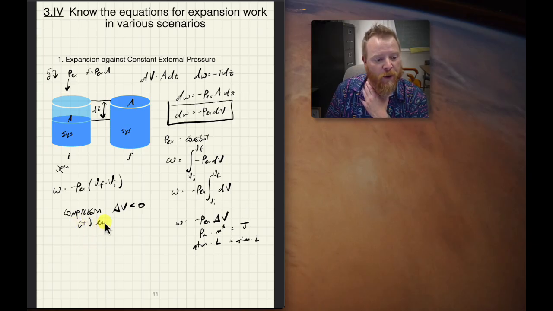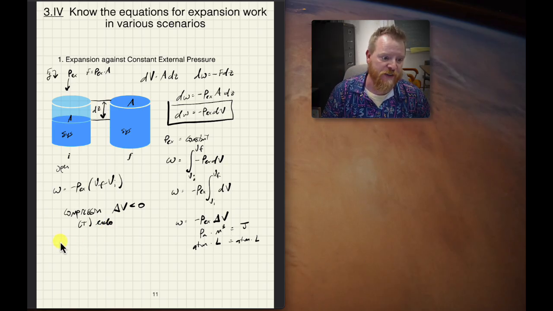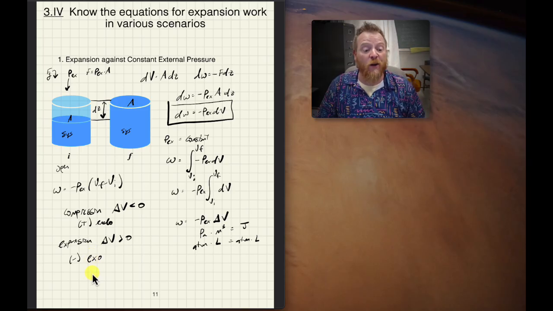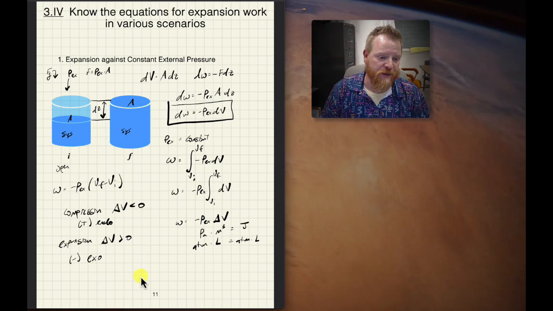So endothermic work. So in other words, the surroundings are working on the system to compress it. However, for expansion, as we can see, my change in volume will be positive. The final volume will be greater than the initial volume. And because of that negative sign, that's going to give me negative work or exothermic, or in other words, the system is working on the surroundings.